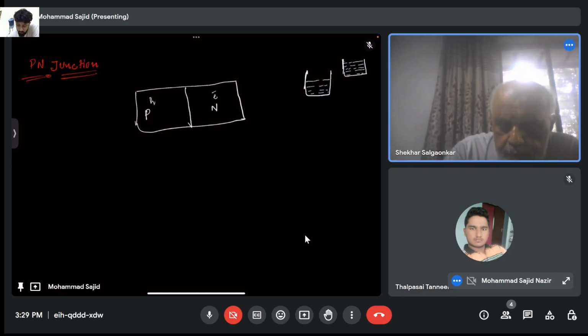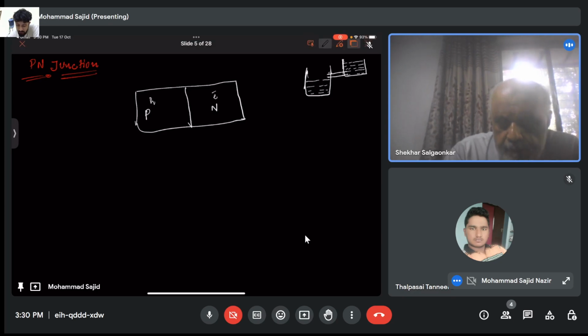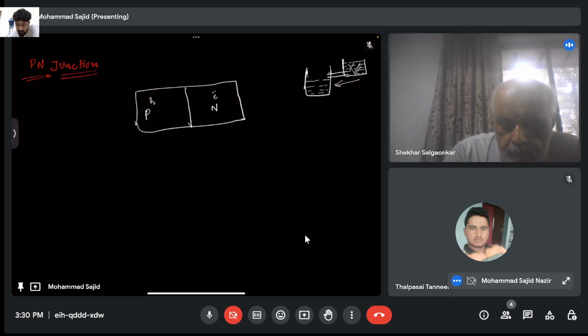Once I try to connect them like this, what will happen? The water will flow from top to bottom, because this is at higher potential and this is at lower potential. Or we can say that this material finds a space in the other material.